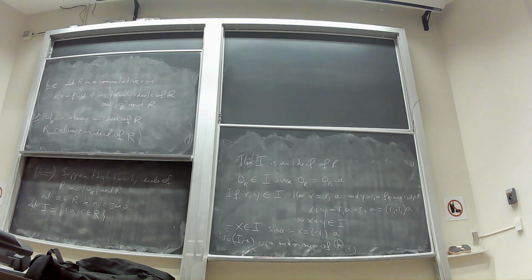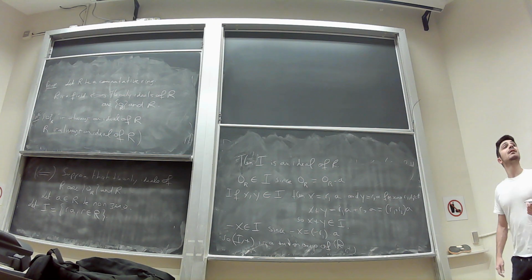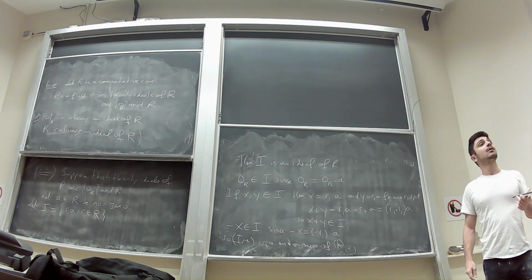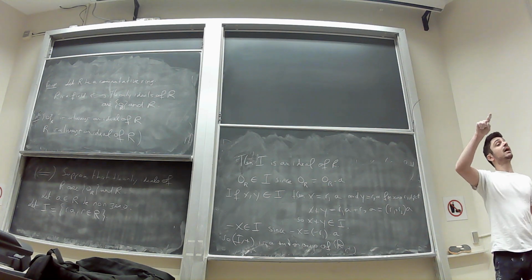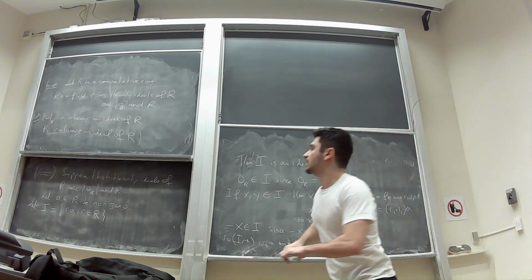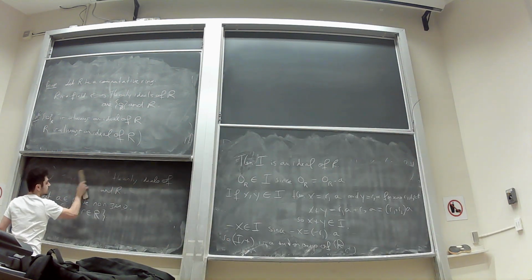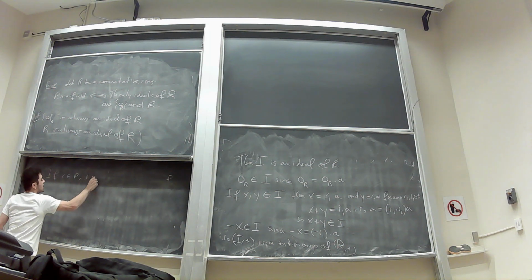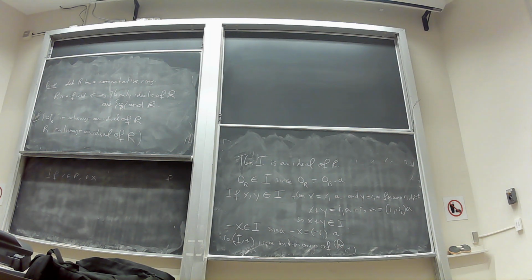Well, we can do the same thing. I'm saying r is in R, so maybe I should write it down. If r is in R, does rx belong to I? You have the right idea. How can you write rx?